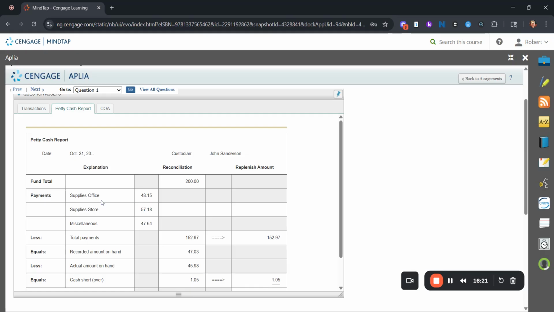So we have supplies office, supplies store, a miscellaneous receipt. And we can't forget about our cash short and over. In this case, it was short. So we start with supplies office, $48.15.